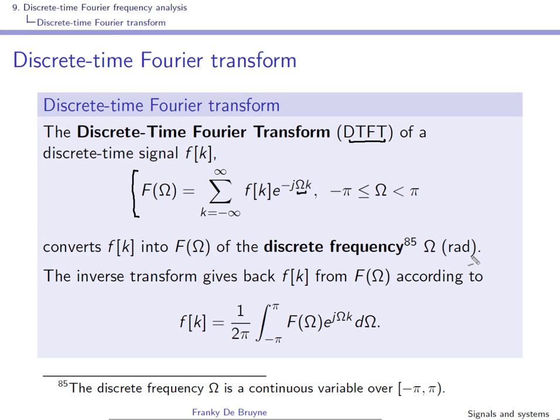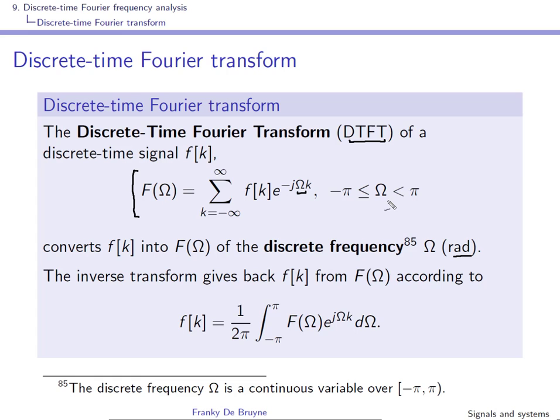It's expressed in radians, and of course it's a continuous variable. So this is why this discrete time Fourier transform will not be that interesting, because it's difficult to work with and it cannot be implemented on a processor because the discrete frequency is still continuous.